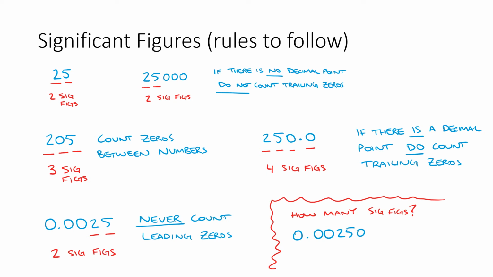If there is a decimal point, trailing zeros do count.